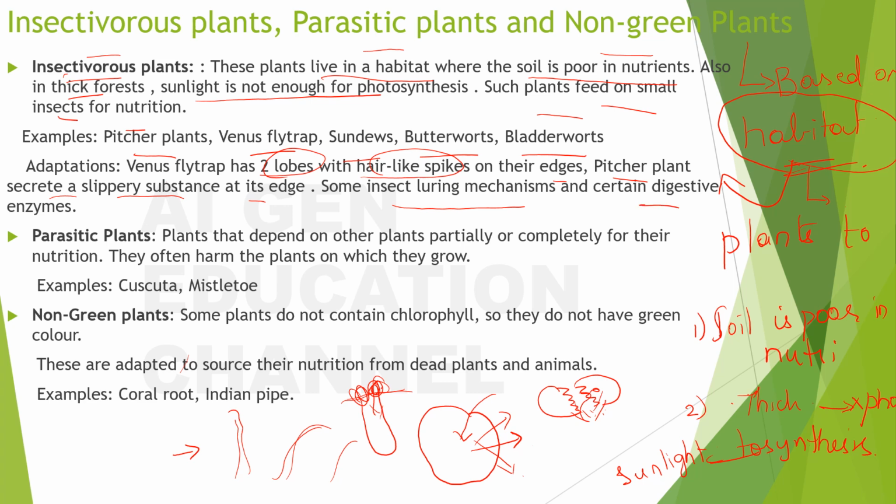Now tell me, plants, as I have mentioned, they will prepare their own starch or sugar, right, from the process of photosynthesis. So all the plants are made to get energy from this starch or sugar. Now if I say that you will have to feed on the insects, will normal plants be able to do that?